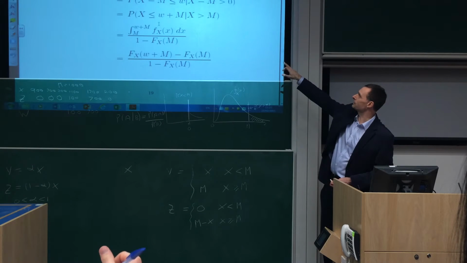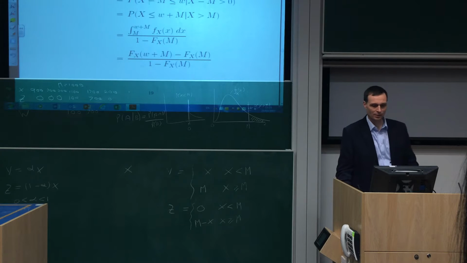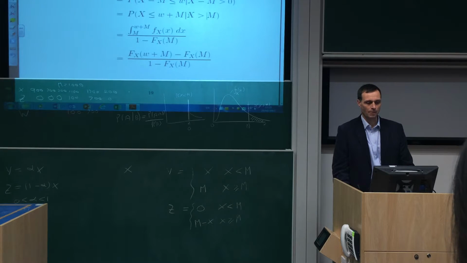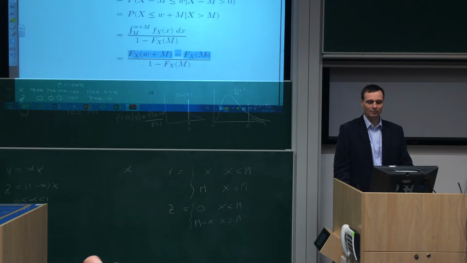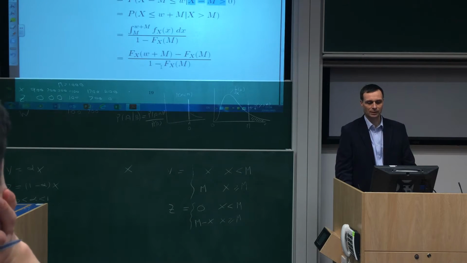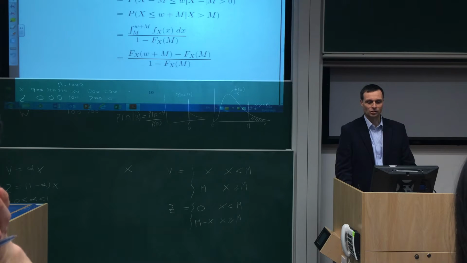That's the probability of X being between M and w plus M. So that's this integral, or I could have written it straight down like this. This is the probability that X is between M and w plus M, divided by this thing here. This is again the probability that X is greater than M, which is this term here.